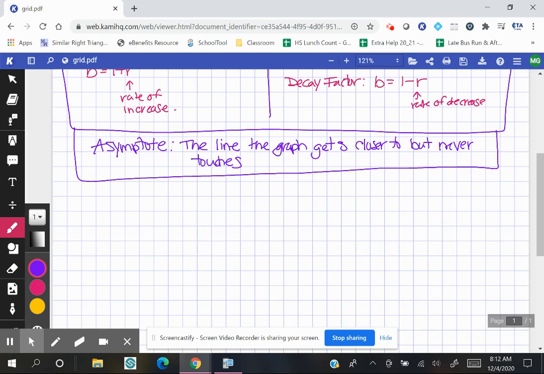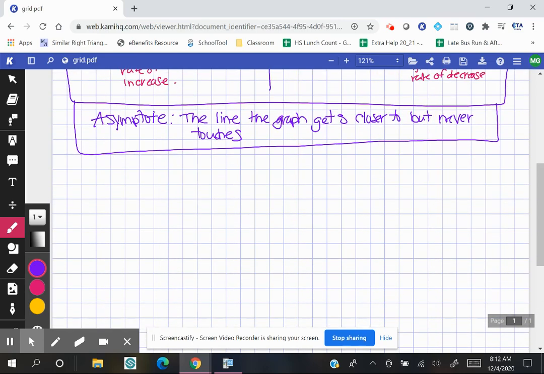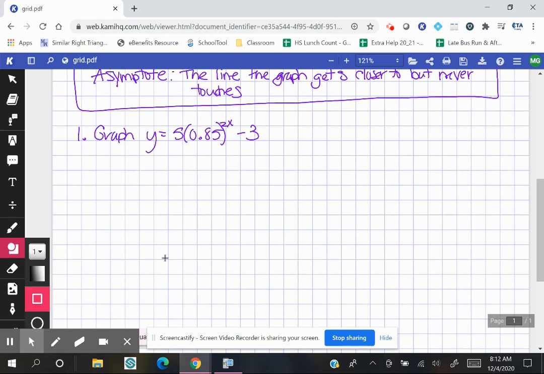Okay, so let's go ahead and do a graph of an exponential. And we're going to put this right into our calculator to help us generate the table. So we're going to graph this. I'm going to set up my axes.